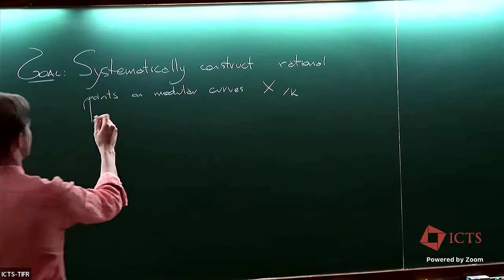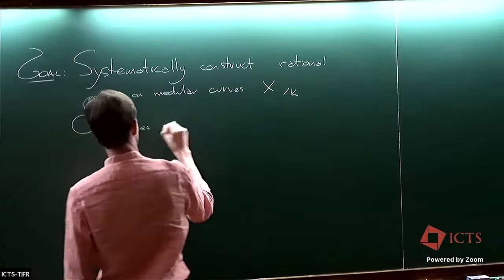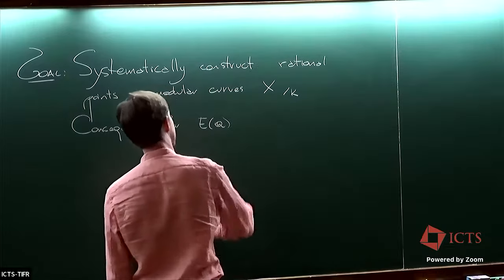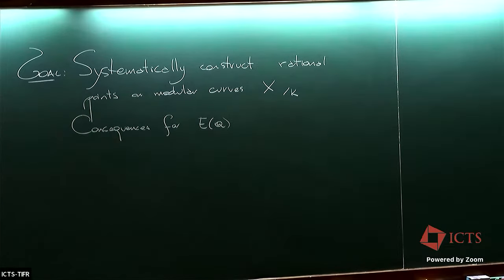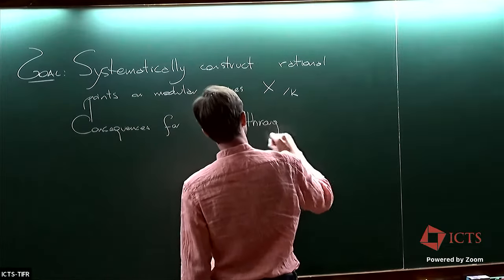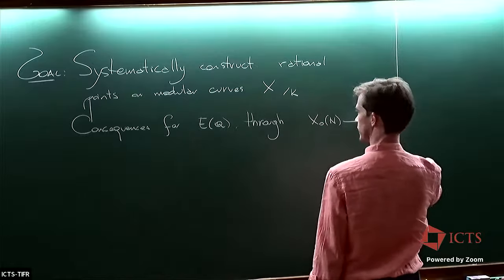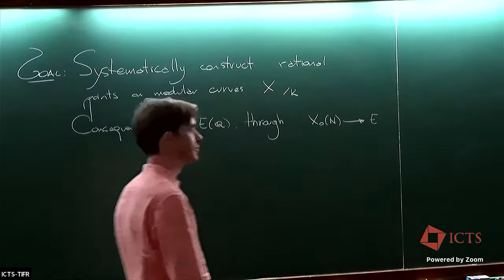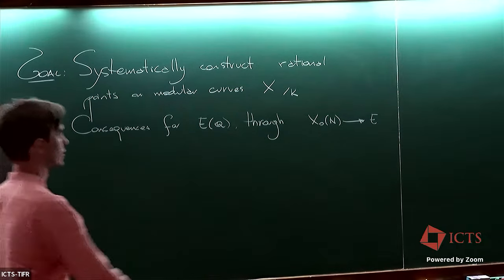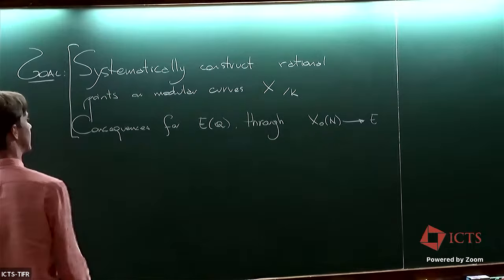And we'll also look at the consequences for the Mordell-Weil groups of elliptic curves. So specifically, we'll look at elliptic curves defined over Q, but more generally, abelian varieties that are known to be modular. And this will come through the study of the modular parameterization, which we saw this morning in Professor Gatte's talk. It's known that every elliptic curve can be uniformized by a modular curve X_0(N). And so specifically, if we manage to construct lots of rational points here, they may give rise to interesting sources of rational points on elliptic curves as well.